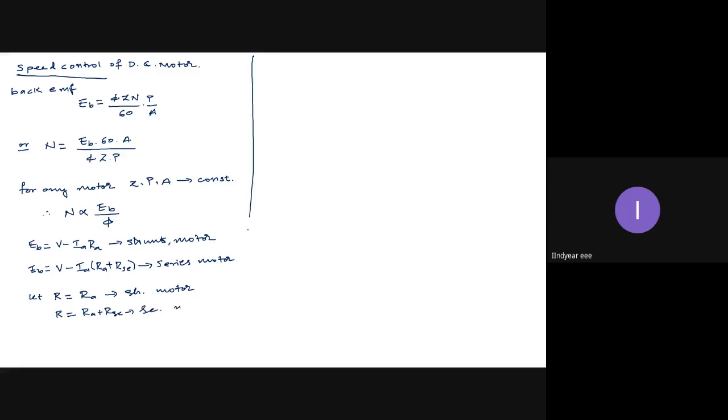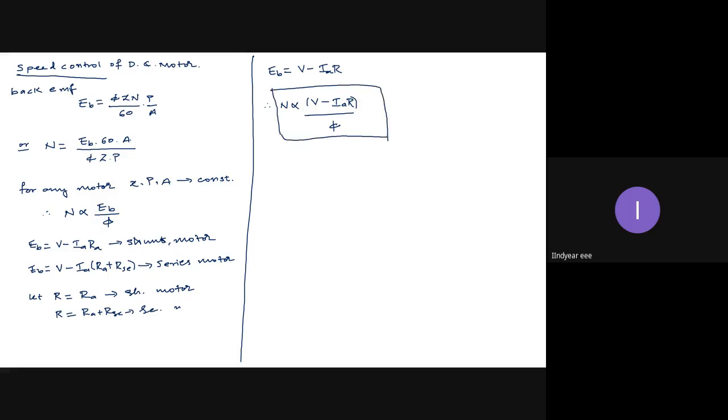So I can write the voltage equation E_b as V minus I_a R, armature current I_a into R generally. Therefore, speed I can write as N proportional to (V minus I_a R) divided by φ.